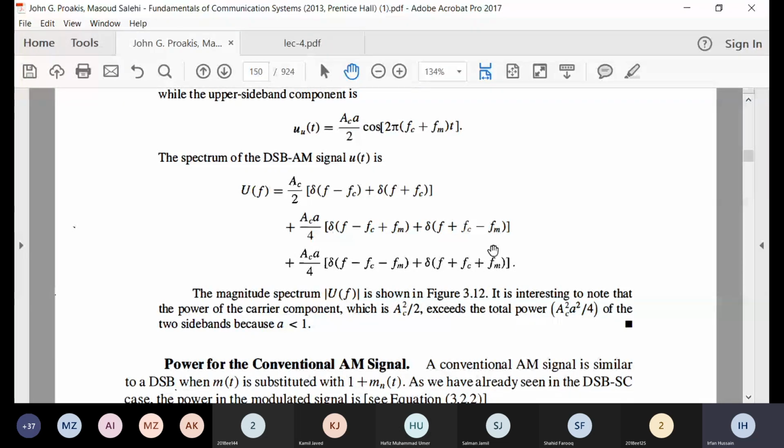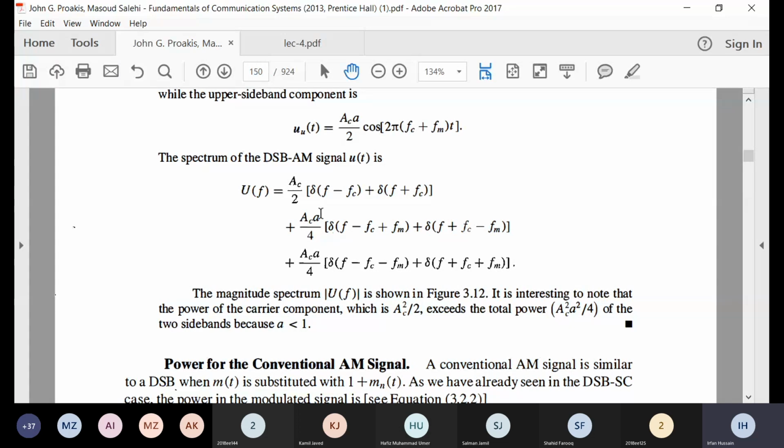If I ask you what is the power in the modulated signal, so you have AC A over 4 square, this will become AC square A square over 16. But this is also present in positive and negative lower sideband frequency. This will become AC square A square over 16 into 2.